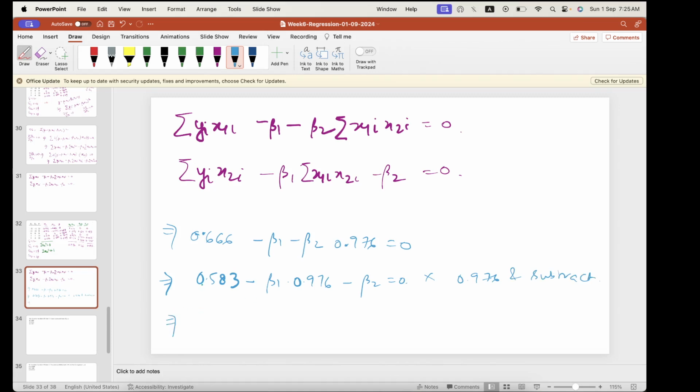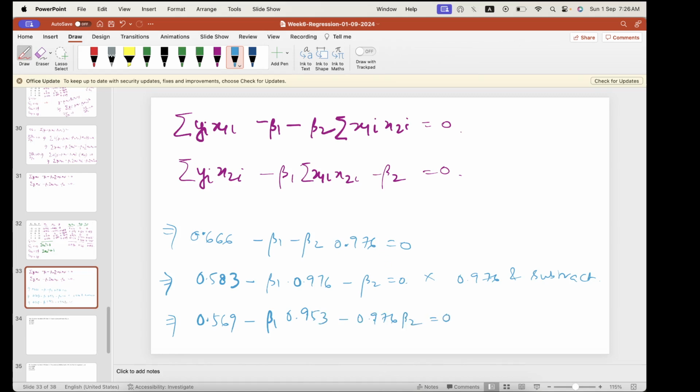This one will be 0.583 into 0.976, will be 0.569 minus beta 1 into 0.976 into 0.976 which is 0.953, minus 0.976 beta 2 equal to 0.